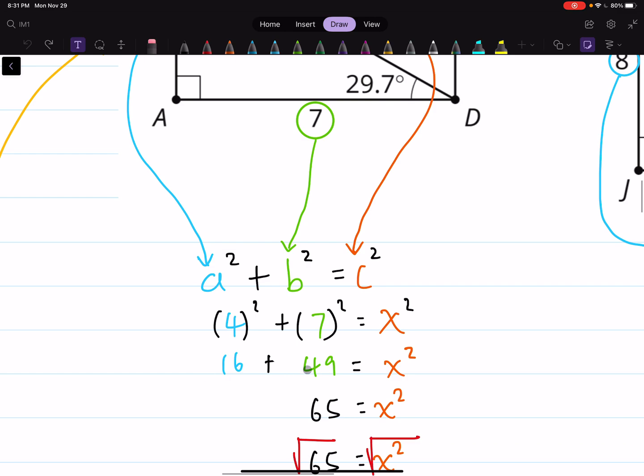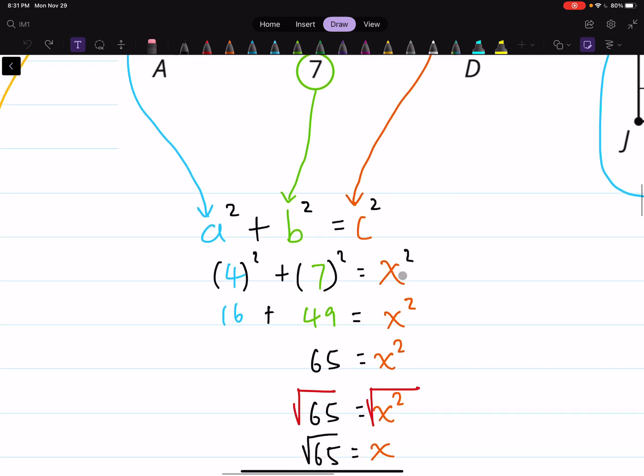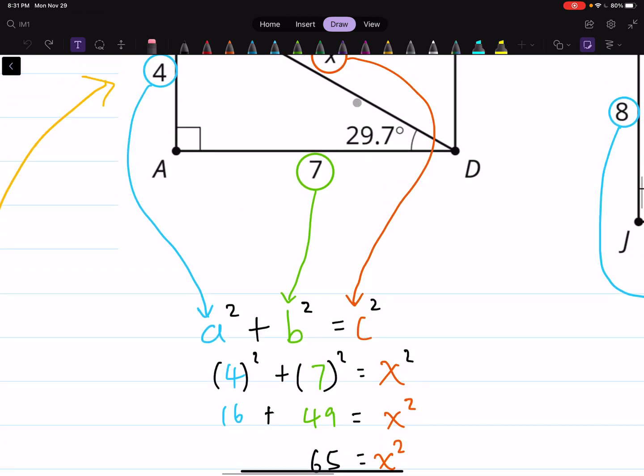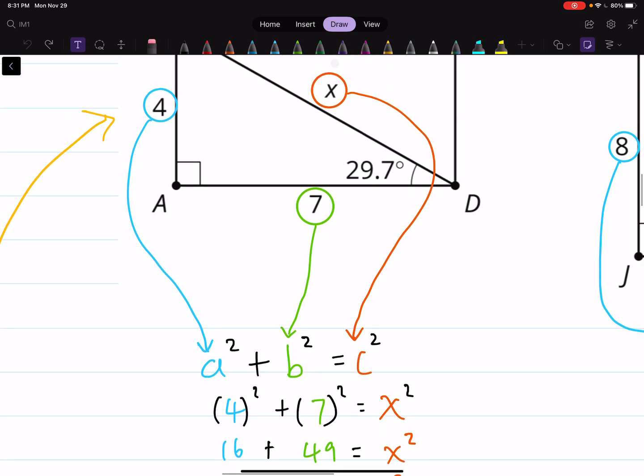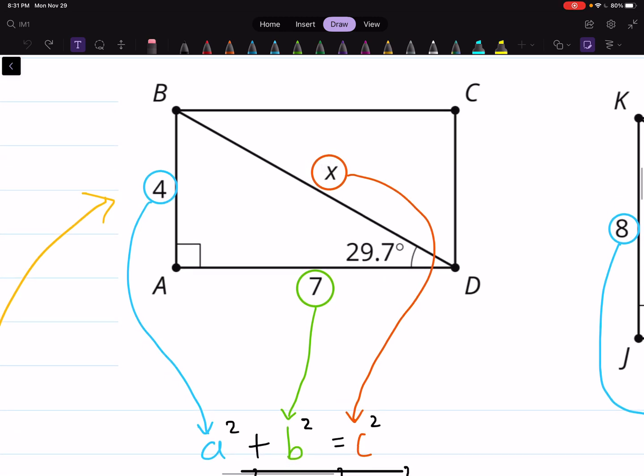So 16 plus 49 is equal to 65. Finally, this x is an unknown variable. I don't know what the value is. That's what we're solving for.